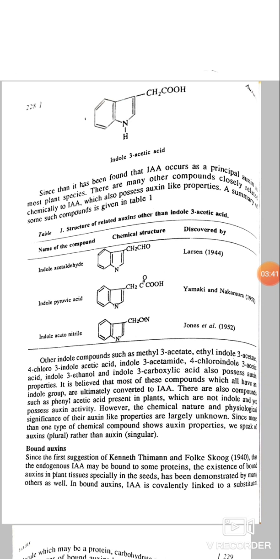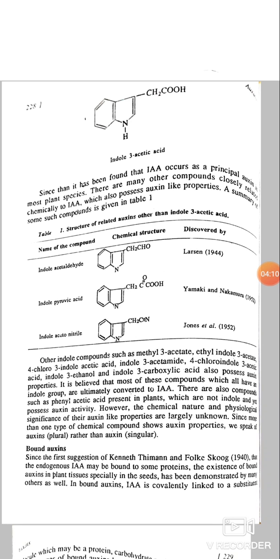We see there is an indole ring which has an acetic acid group at the third position. Since then, it has been found that indole acetic acid, or IAA, occurs as the principal auxin in most plant species.